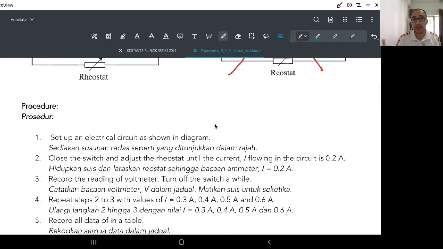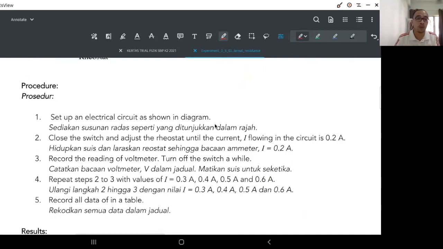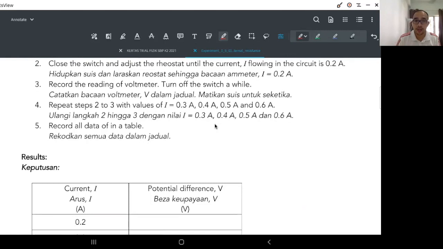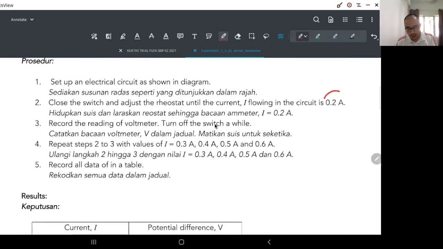So at least you have the steps for the Ohm's law experiment and also the EMF experiment. Close the switch, adjust the rheostat until you get 0.2 amps. Just as a reminder, if it is a guided experiment, you will have to follow this 0.2 amps.